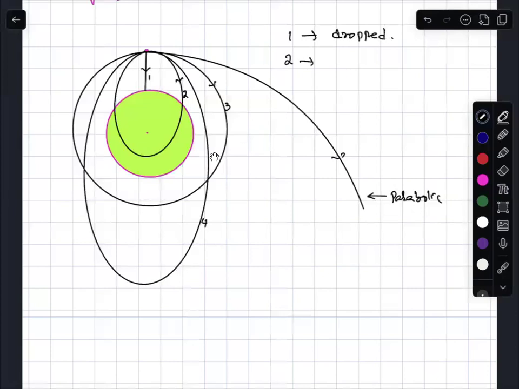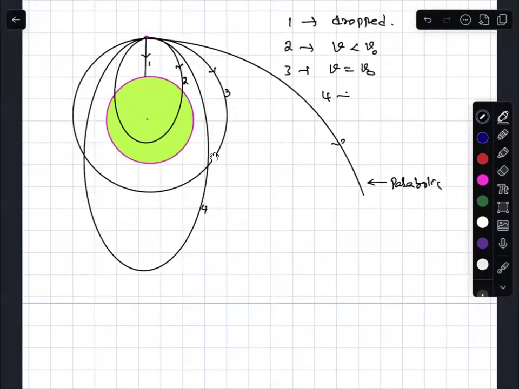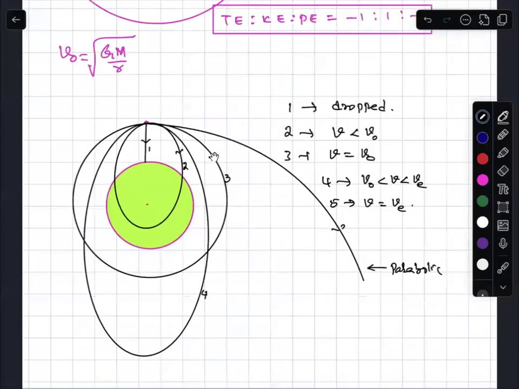In case of two, the velocity is less than orbital velocity. In case of 3, exactly orbital velocity. In case of 4, more than orbital velocity, less than escape velocity. In case of 5, equal to escape velocity.